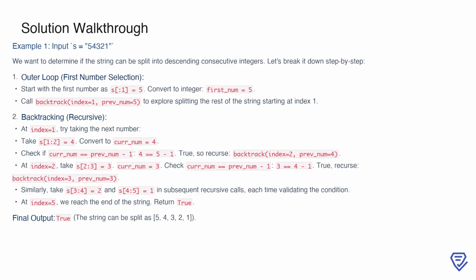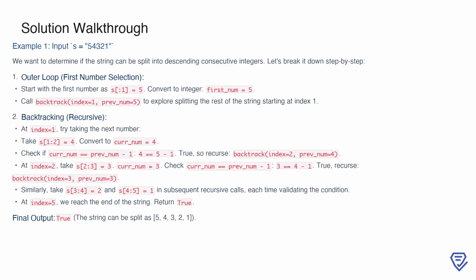In the backtracking step, starting from index 1, we extract the next digit, 4, and convert it to an integer, cur_number. We then check if this number is exactly one less than the previous number, prev_number. Since 4 is equal to 5 minus 1, this condition holds, so we move deeper into the recursion, now starting at index 2, with the previous number updated to 4.